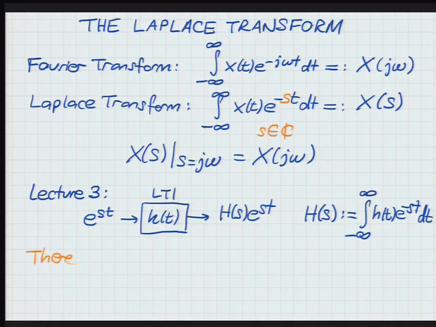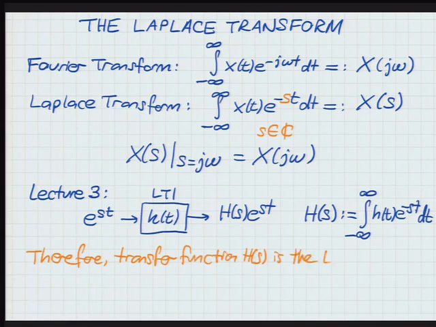Therefore, the transfer function H of s is the Laplace transform of the impulse response h of t. Just like the frequency response was the Fourier transform of h of t. Okay? And just like that, if I have the transfer function, and if I put s equals j omega, of course I recover the Fourier transform, which is the frequency response.